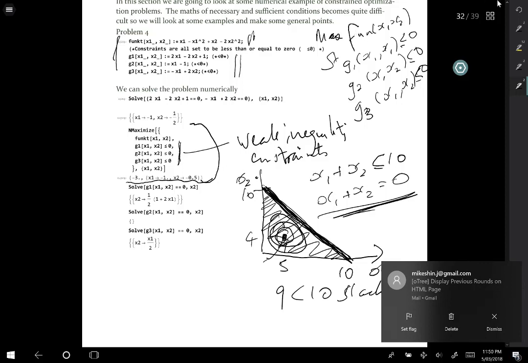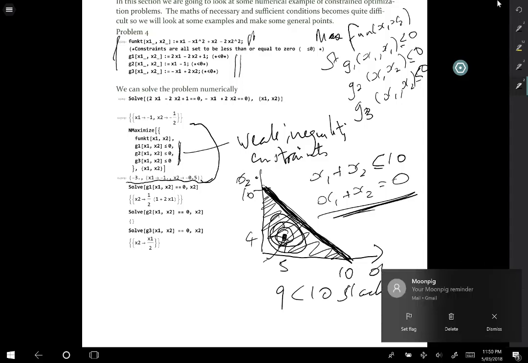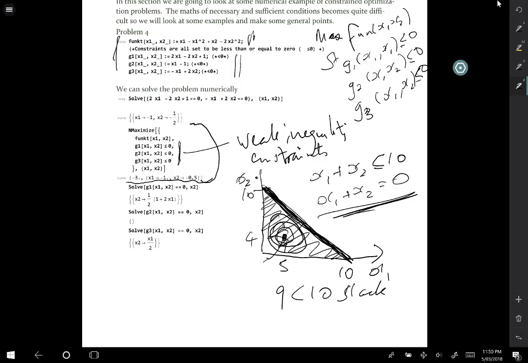So when you've got a slack constraint, effectively this constraint plays no real part in the optimization. So that means that this type of optimization is actually pretty complicated because you don't know which constraints are going to have a role in directly determining the solution.